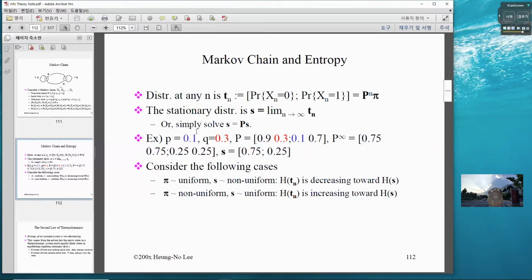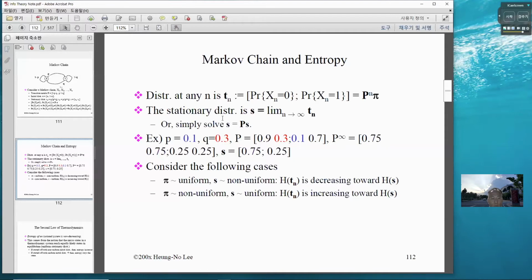So here is an example. So p is given to be 0.1, q is 0.3, and P is given to be this transition matrix. And then when you take the P infinity, this comes out this way, and there is a stationary distribution appearing right here.